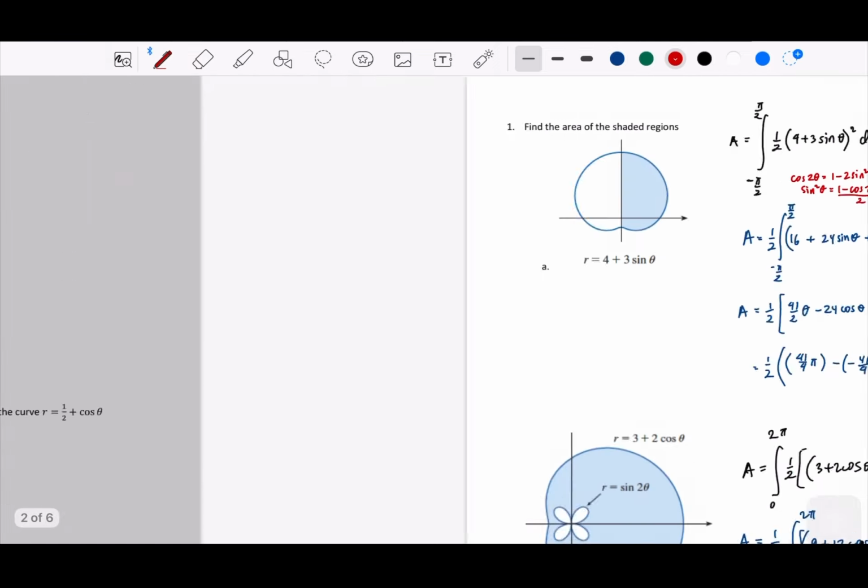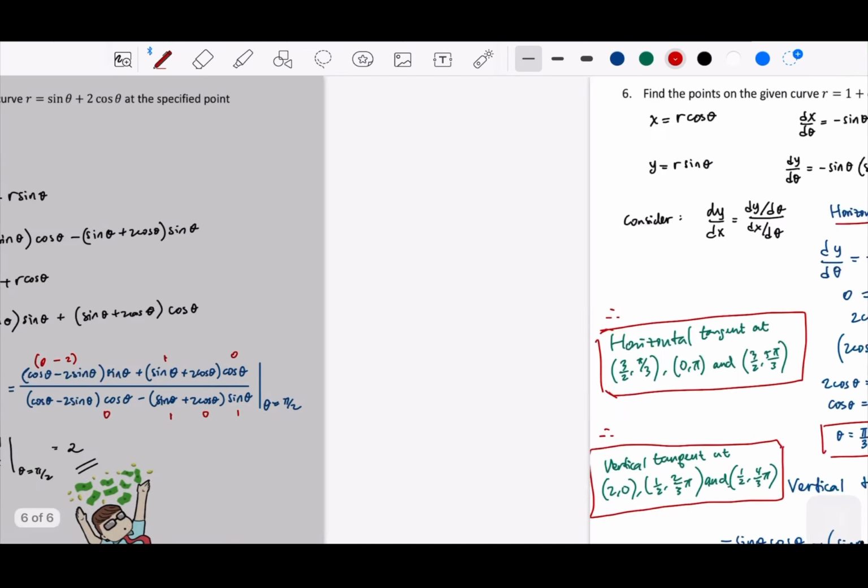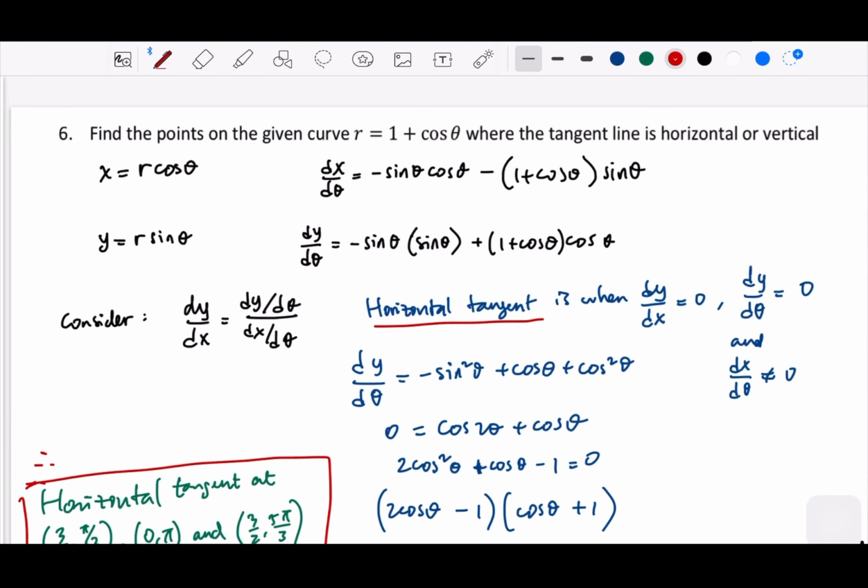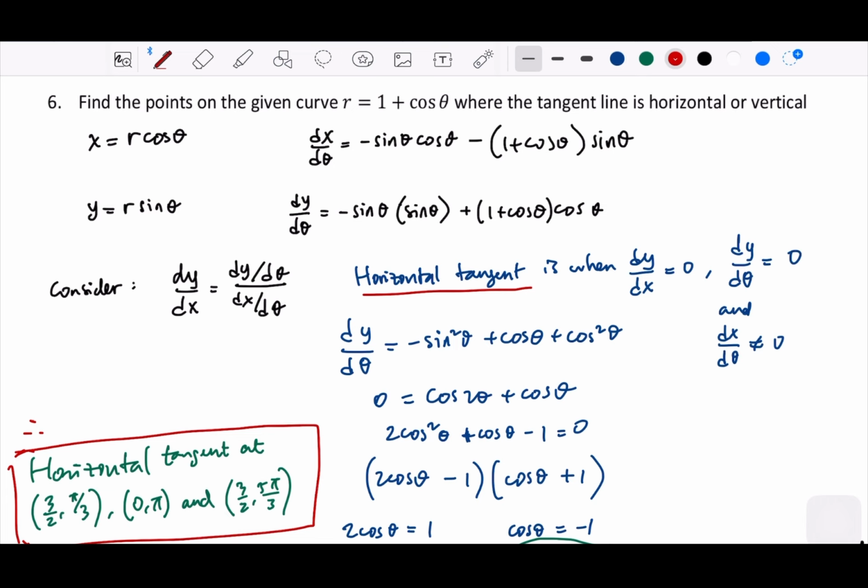if you read my answer here, as usual, first we define the tangent by dy/dx. And then we have these two components, dy/dθ and dx/dθ, right? And then from the definition of horizontal and vertical, the horizontal tangent is when dy/dx is 0, which means dy/dθ should be 0 and dx/dθ is not 0.